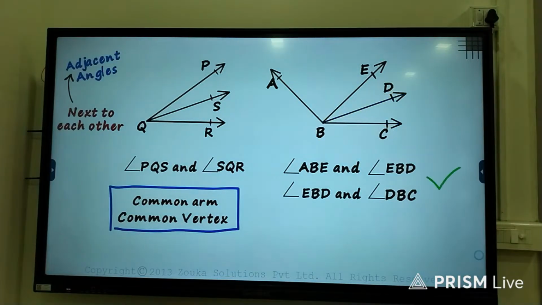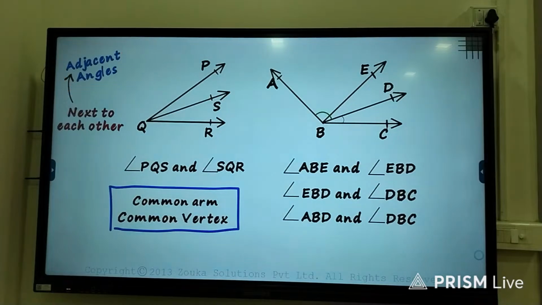Most of us have got these two right. What about this green angle and this red angle? Of course, they're adjacent. They have a common arm BD and a common vertex B. So angle ABD and angle DBC also form an adjacent pair of angles.